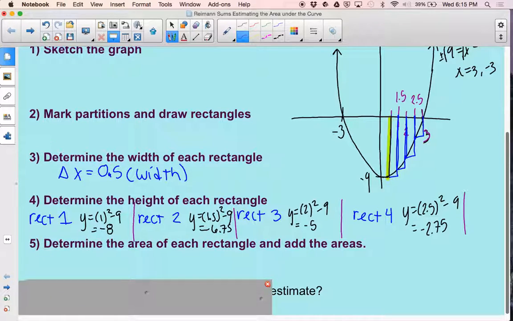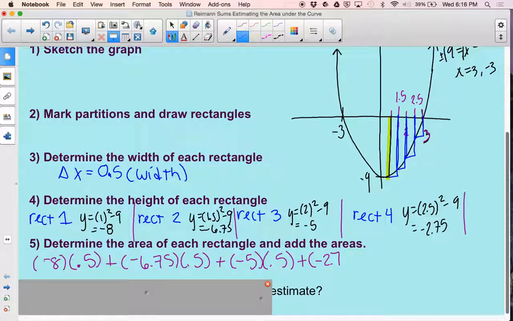Now, determine the area of each rectangle and add the areas. So for rectangles, area is length times width. So I'm going to go negative 8 times 0.5 plus negative 6.75 times 0.5 plus negative 5 times 0.5 plus negative 2.75 times 0.5.